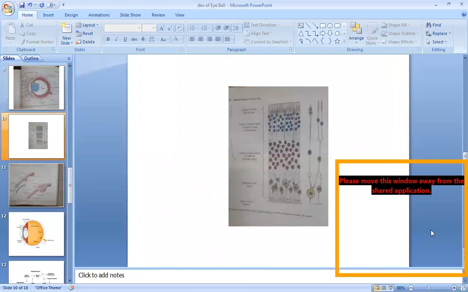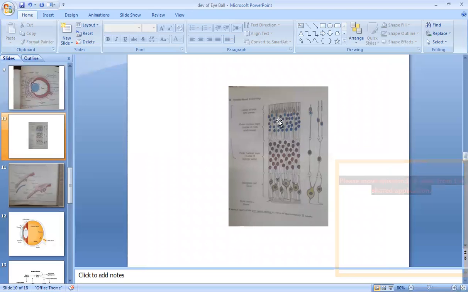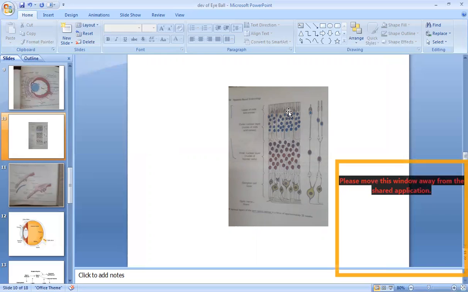This is the detail of the retinal layers. I told you that there is the outer pigmented layer, then again the intraretinal space, and then starts the inner layer, which is further differentiated into the photosensitive receptors, that is rods and cones.